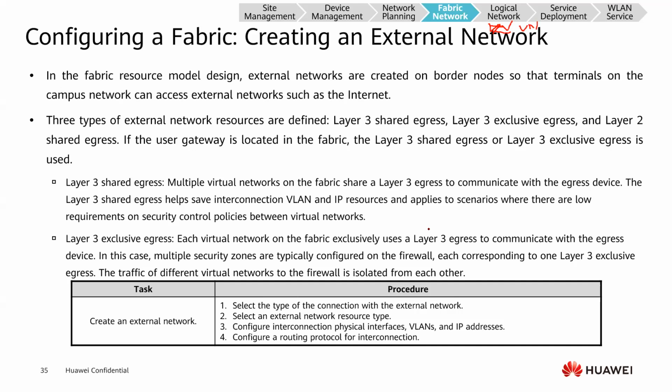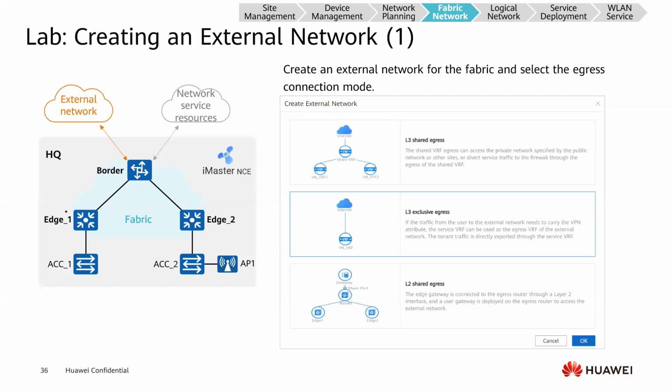So you need to create the external network, create the network service resources, and also manage the users' access. First, you need to think about the external network. If you want to create the external network, you need to think about what mode you use to connect with the external network.